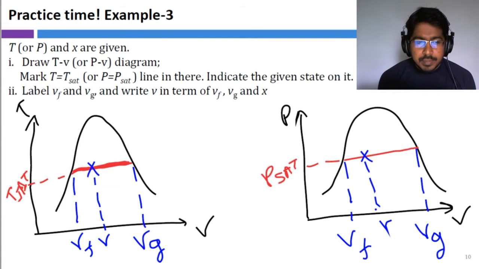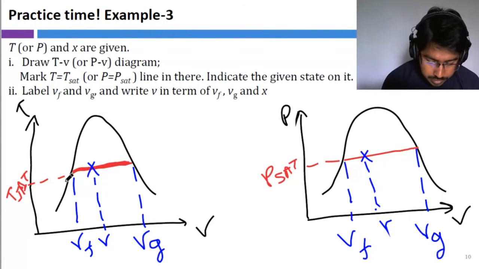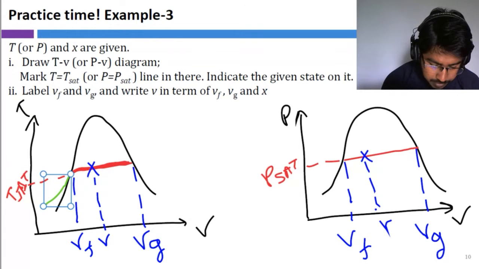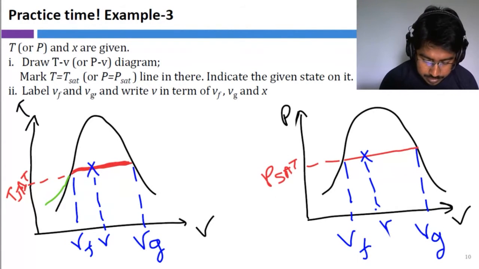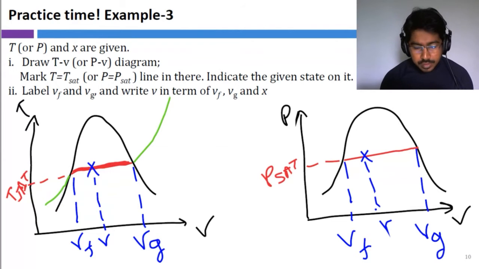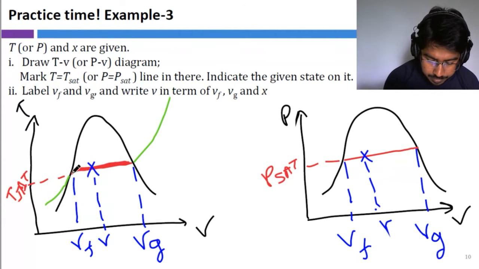So the pressure-temperature relationship for a given pressure is going to be parallel to the specific volume axis, right? But outside the dome, what happens? When the temperature changes, specific volume changes. Therefore, it's going to be like this, and this is a constant pressure line, P constant.